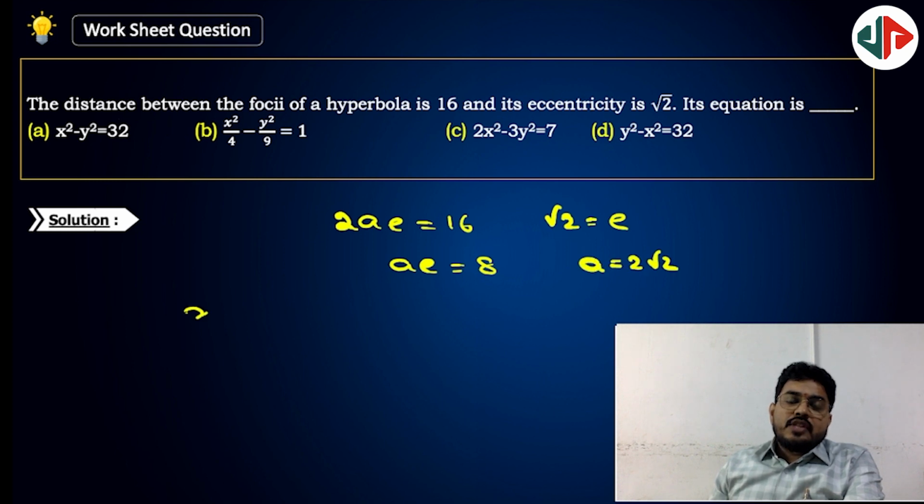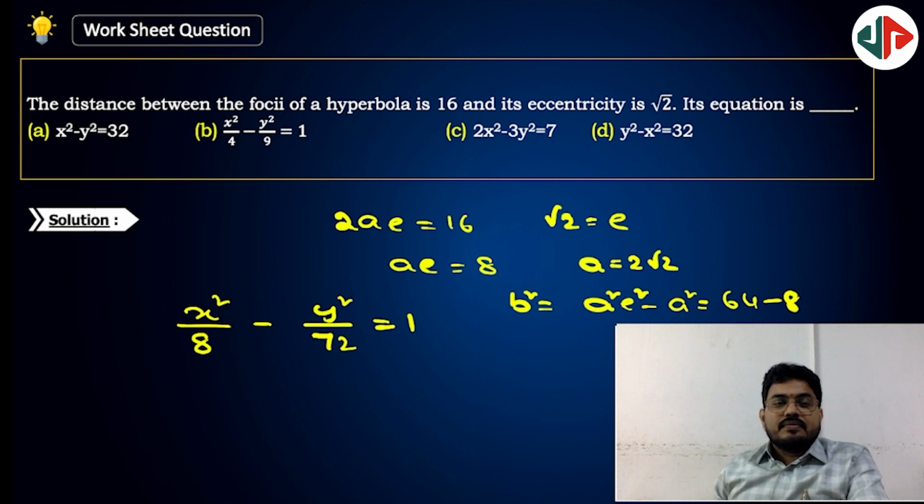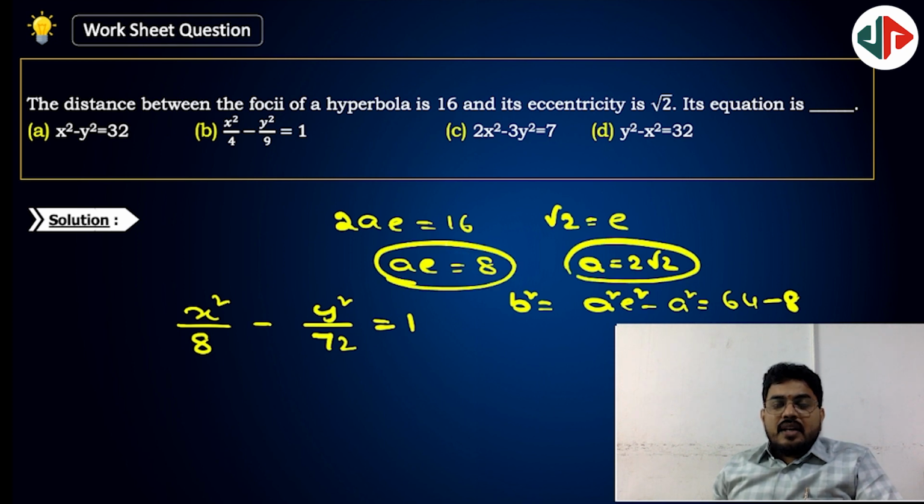So the equation is x square by a square minus y square by b square, and b square will be equal to a square e square minus a square, which is equal to 64 minus 8. See, AE is equal to 8. Sorry, A is equal to 4.